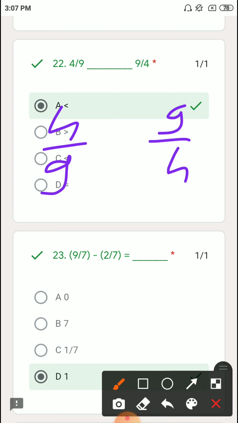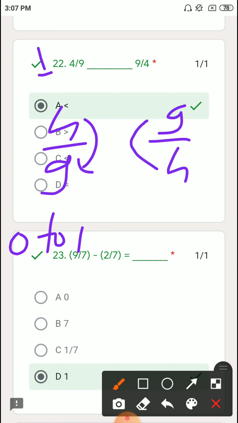If we think about 4 by 9, here the denominator is greater than the numerator, right? If the denominator is greater than the numerator, then the answer always lies between 0 and 1. And here the numerator is greater than the denominator, so the answer is always more than 1.